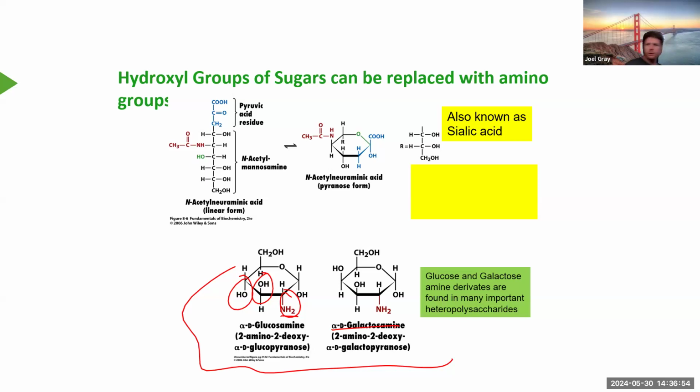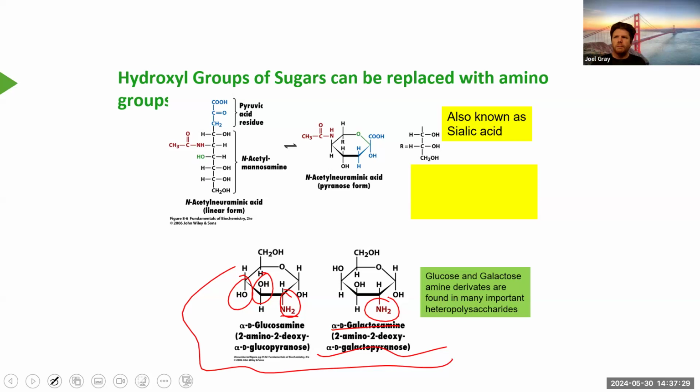In this particular example, this is showing the most common form of glucosamine and galactosamine, where that amine, that NH2, has been added to carbon 2 on that ring. Does that mean that you could put together glucosamine or galactosamine where that NH2 is found on another carbon? Absolutely. Would it still be glucosamine or galactosamine? It would. The only difference is, where is that group found? Does that make sense? Okay.